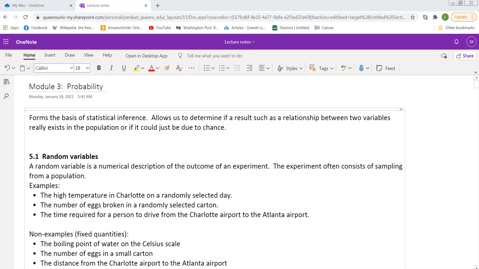So we'll look at a sample, and if we see a relationship there, we're going to ask ourselves, is this a strong enough relationship that we can reasonably conclude that that wasn't just due to chance? So anyway, all of this is building up to that, to build the foundation of statistical inference.